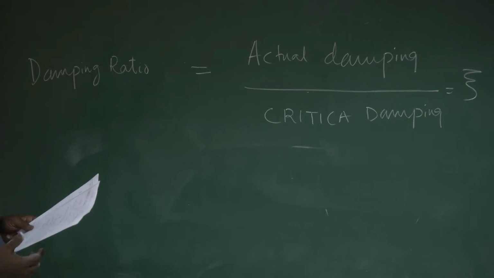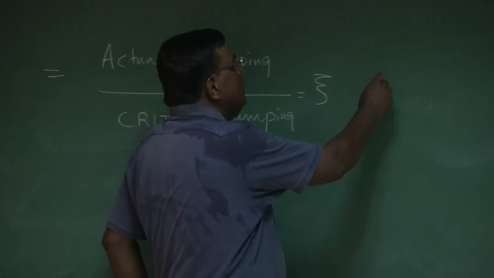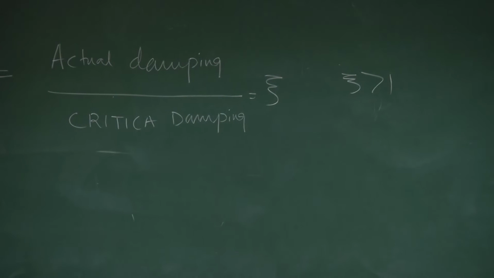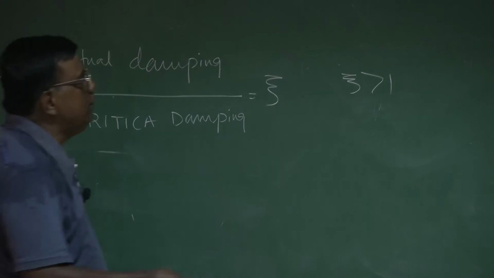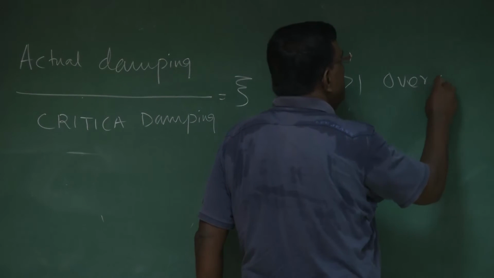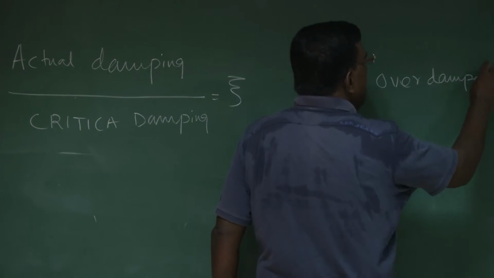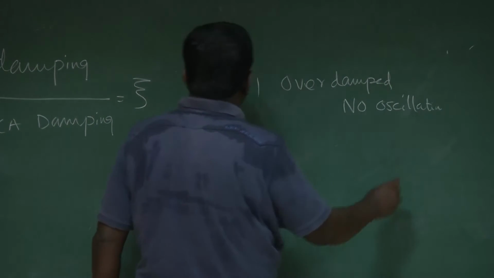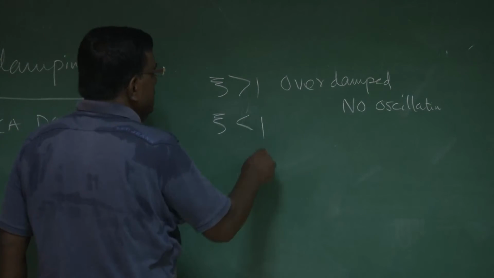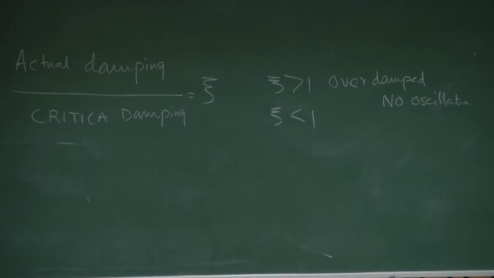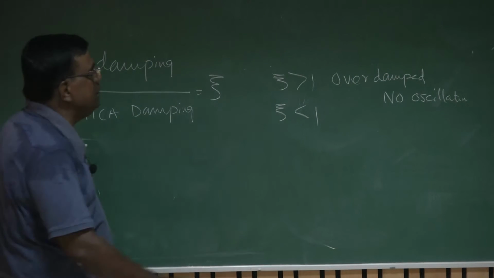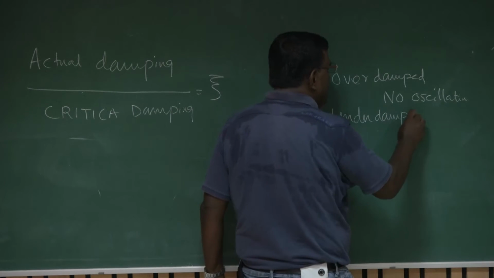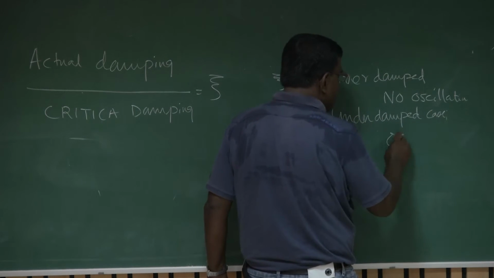You can see here, if this ratio zeta is more than 1, that means what? That means this system will behave like an over-damped case. Right? This will be over-damped, and no oscillation. If zeta is less than 1, that is, actual damping is less than critical damping, it's an under-damped case, so there will be oscillation.